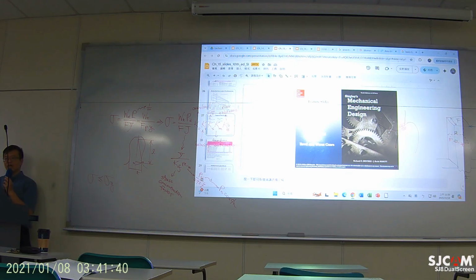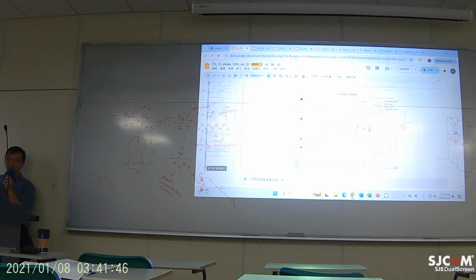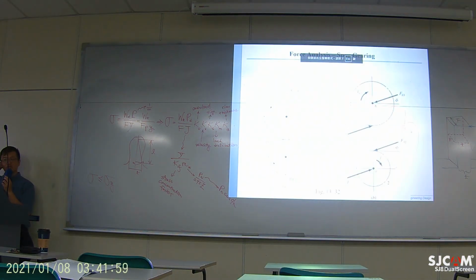Last time we talked about this particular slide, which I specifically want you to know. When you have two mating gears, you need to know how much force is being transferred from one side to the other side.